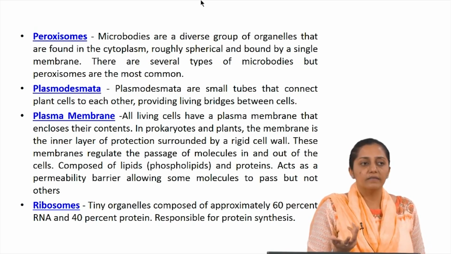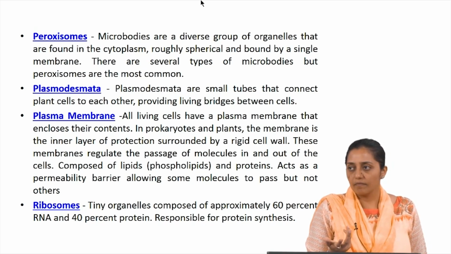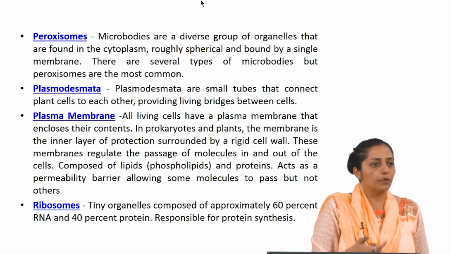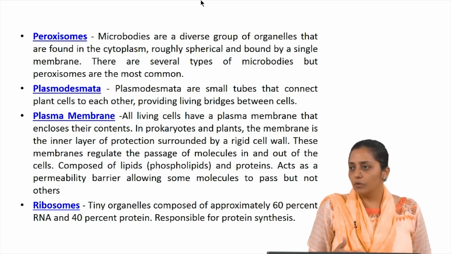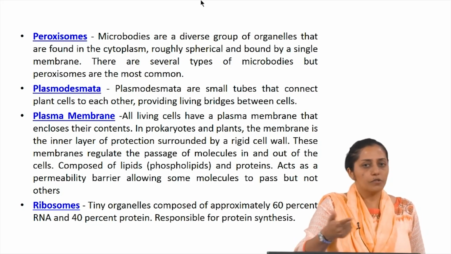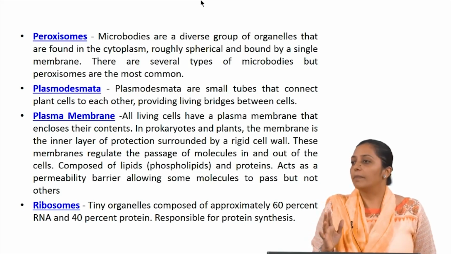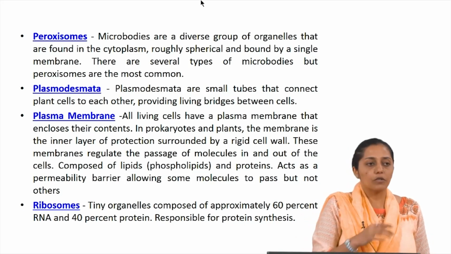Why is that needed? During metabolism, during plant growth or during survival, you may need to secrete certain molecules, you may need to take up certain molecules. So the plasma membrane helps, and it also forms a barrier.